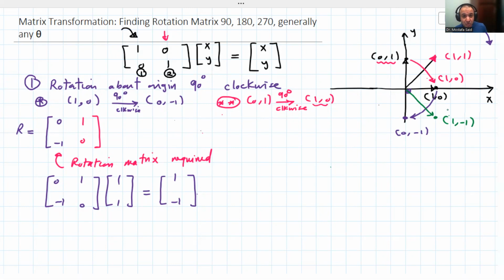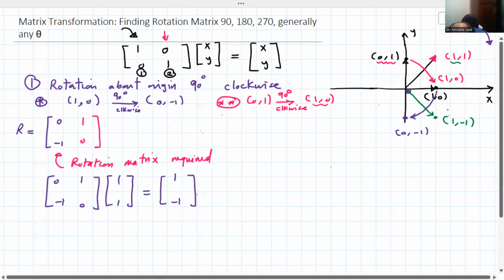Let's check that, because we can do that even without multiplication. We want to rotate 90 degrees. Remember, this is 1 and 1, so this side is 1, and this is also 1. So this triangle has equal sides, and this is 90 degrees, so this angle is 45 degrees, and this angle is also 45 degrees.